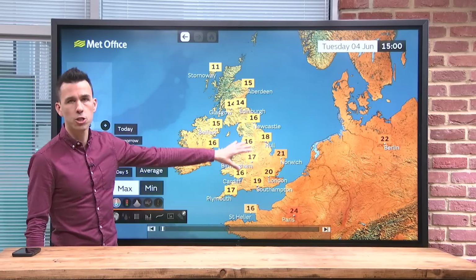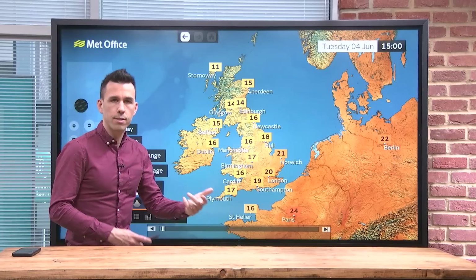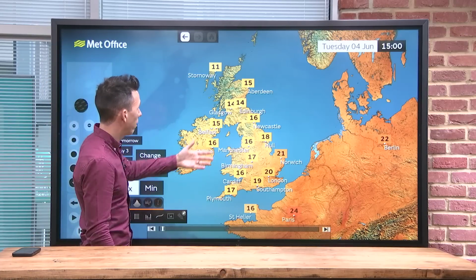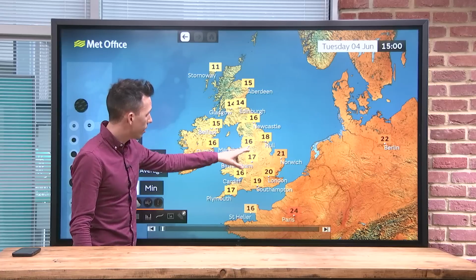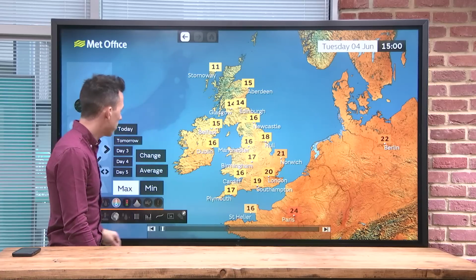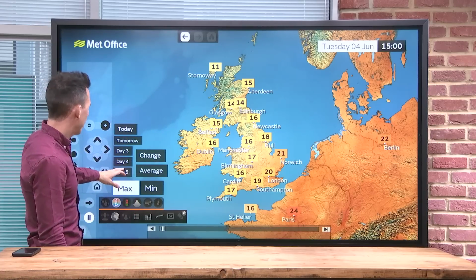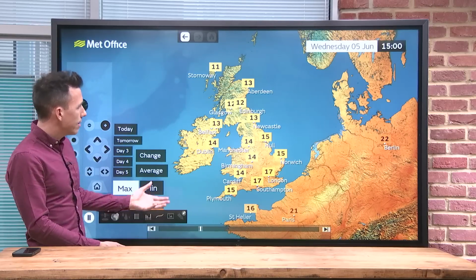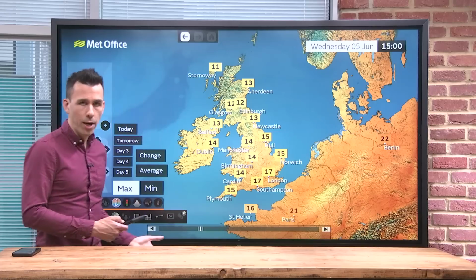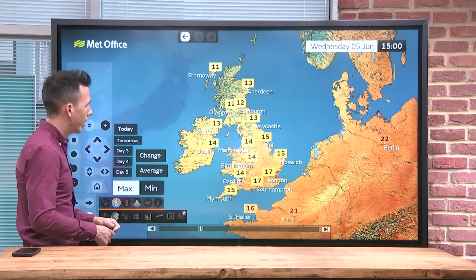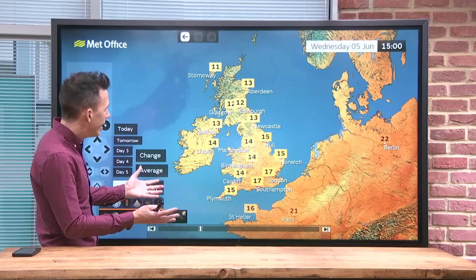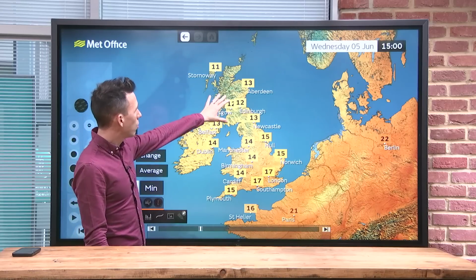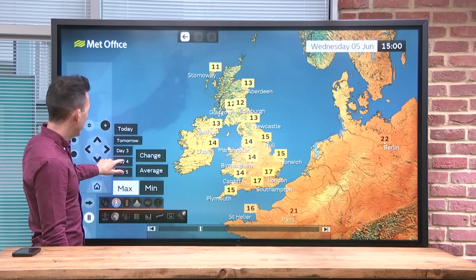And the numbers that show up here, these are the temperatures that are likely to be experienced in main urban areas. So we're talking about 14, 15 in the north, 16, 17 for central areas, perhaps a 20 there for the south and southeast, or 21. Into Wednesday, and you'll notice those temperatures have come down by a degree or 2 or 3 degrees, mid-teens at best in many places, perhaps 17 there in the southeast, 12 or 13 for Scotland.